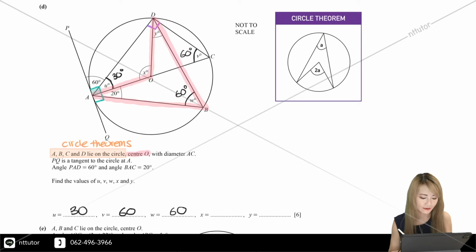So we can apply the circle theorem there. This means that angle X must be double angle W. So X equals 2W, therefore X equals 2 multiplied by 60. So X equals 120 degrees.